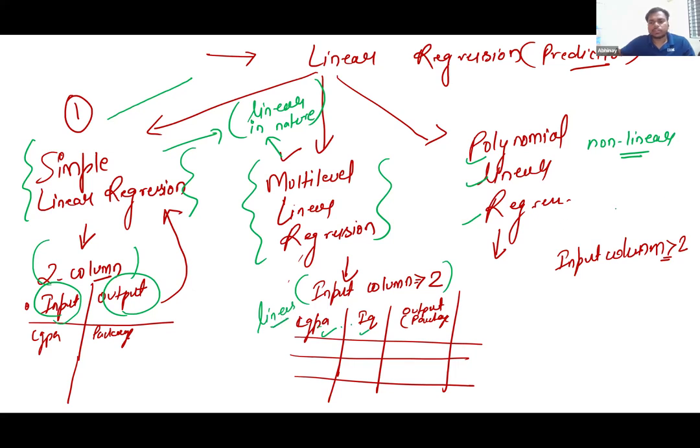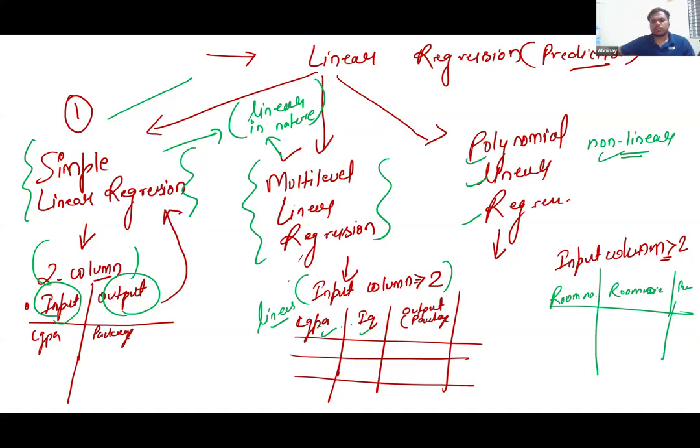But if we talk about polynomial, maybe let's suppose a kind of example we can take: room size, and it could be price. Just taking a random example, quickly.